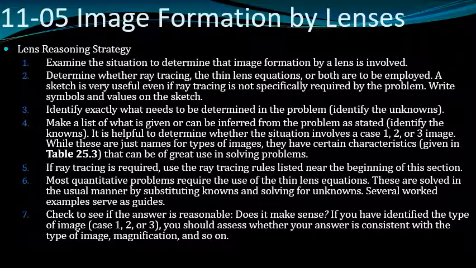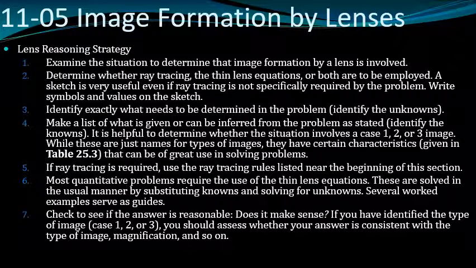Identify what needs to be determined in the problem, so you need to know the unknowns. 4. Make a list of what is given or what can be known from the problem. That's helpful to determine whether the situation is a case 1, 2, or 3 if they are converging lenses. The first one we did was case 1, the second one we did was case 2, the third one we did was case 3.